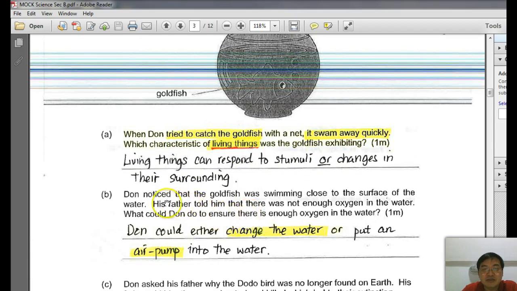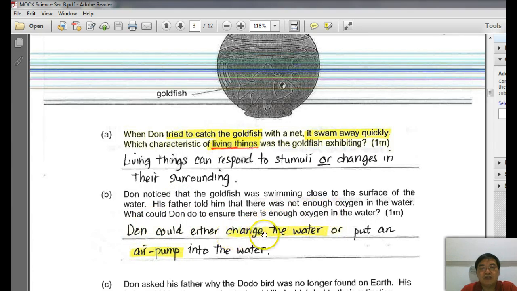Now let's talk about this part where the goldfish was swimming close to the surface of the water. Now his father told him that there was not enough oxygen in the water. Obviously the living thing, this fish over here, has used up the oxygen. So what could Don do to ensure that there is enough oxygen in the water?